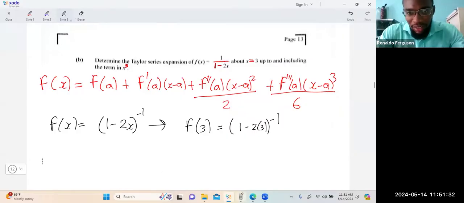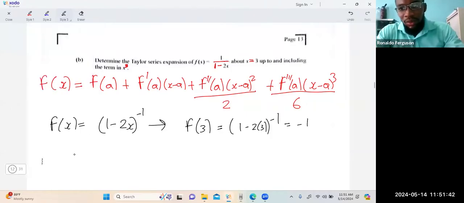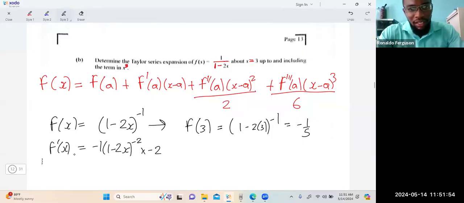I'll punch that in the calculator. 1 over 1 minus 2 times 3. We get minus 1 over 5. Then we need f prime of x: carry down the power, subtract 1 from the power, and multiply by the derivative inside the bracket.